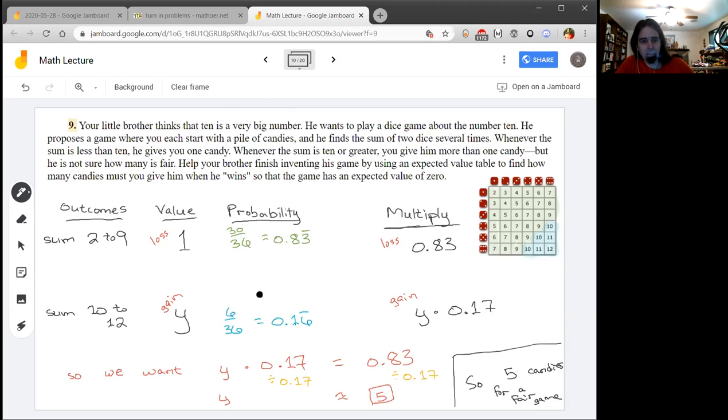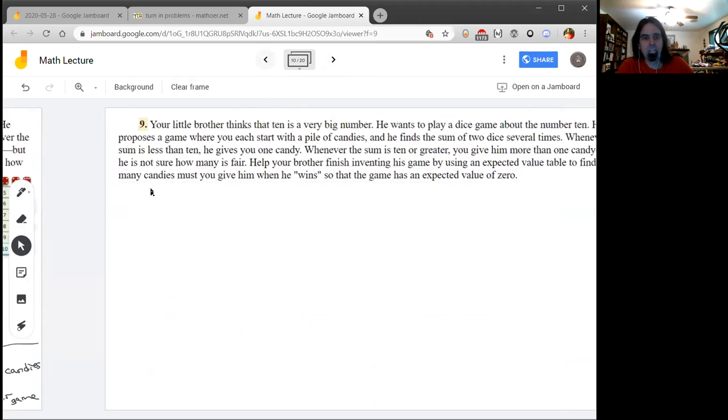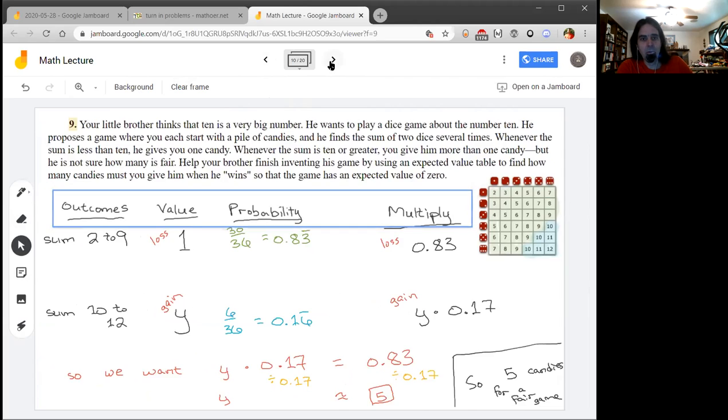Let's try it without the decimals. I think the decimals might be making it worse. So let's just try it again with fractions.